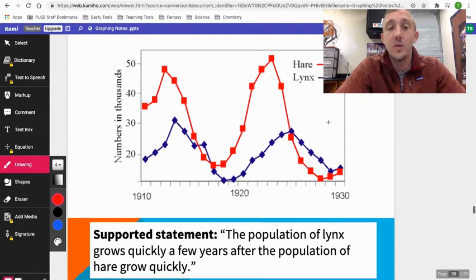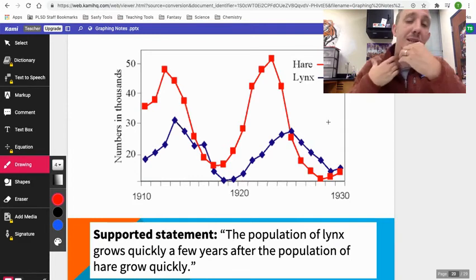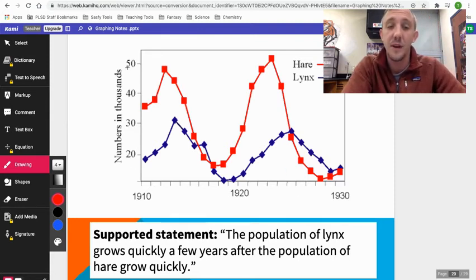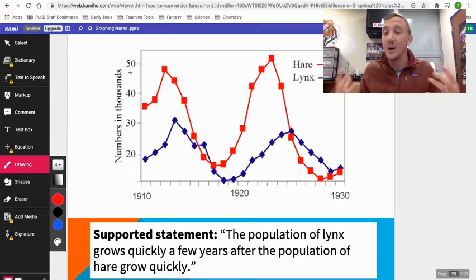So for example, the first one, we can compare the number of hairs with the time. Time being quantitative data and the number of hairs being quantitative data as well, meaning it's something that we can count.